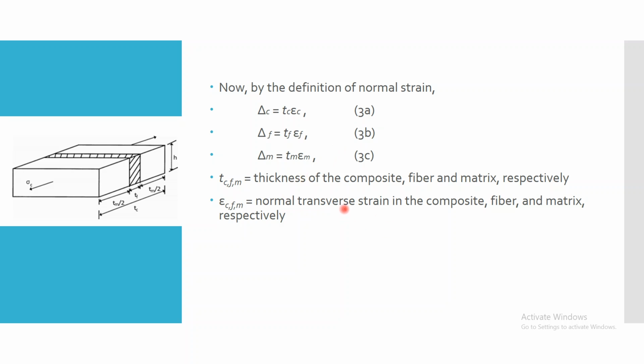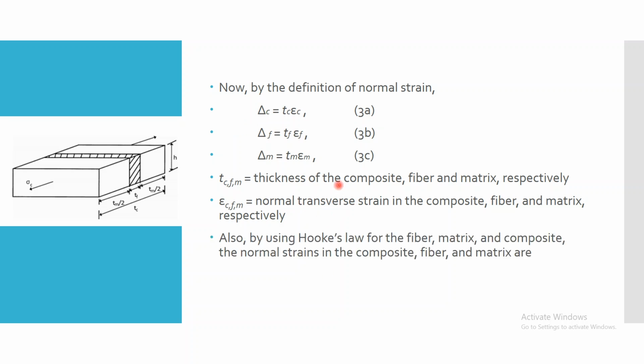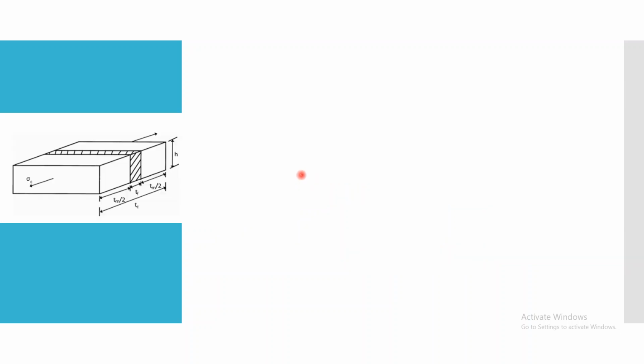Observe that the strain in the transverse direction we cannot call simply strain from now onwards. Whenever you define stresses or strains in this module, we specify the direction, here the transverse direction. And by using Hooke's law, we can also represent the strains in terms of stresses. So what is that?